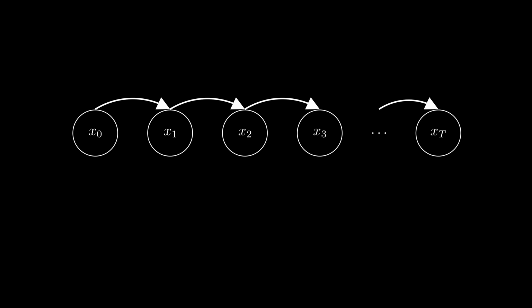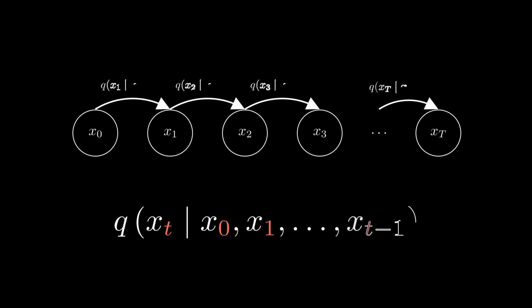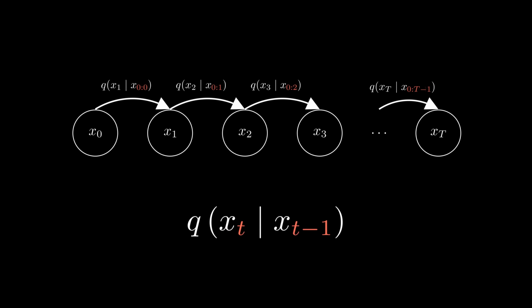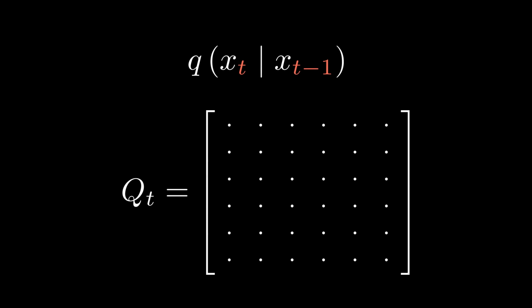In a general probabilistic model, transitions are governed by some conditional probabilities q, where state xt depends on the entire sequence of past states. But in a Markov chain, this dependency reduces to just the previous state xt minus 1. That's the Markov property. This means we can fully describe the dynamics at each step using a transition matrix, which we'll call Qt.